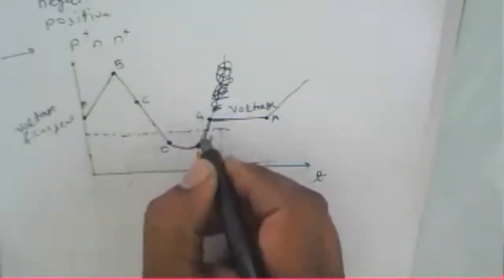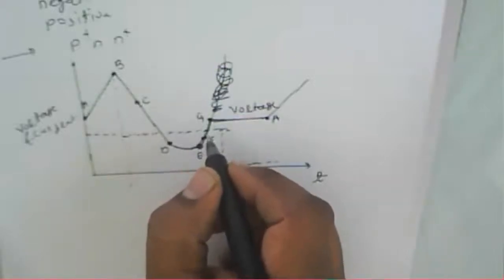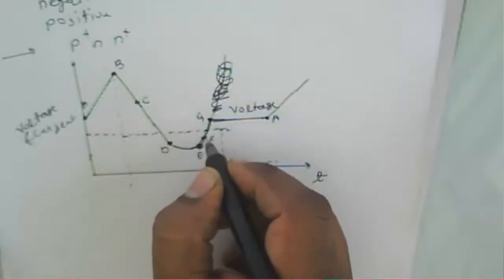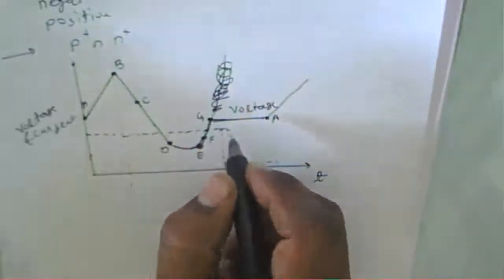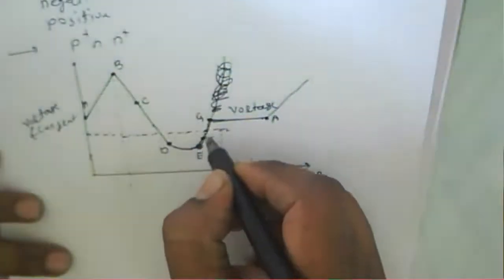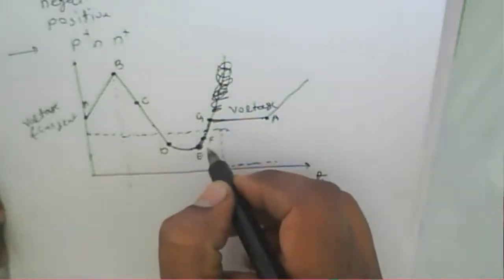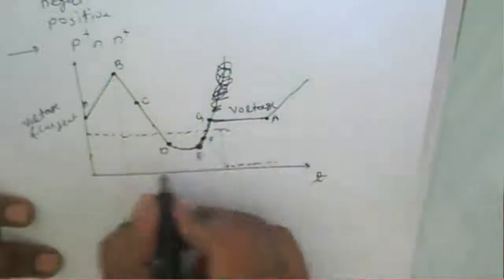Once that residual charge is removed, the voltage starts to increase. At the point where all the plasma that was generated has been removed, the voltage increases further.